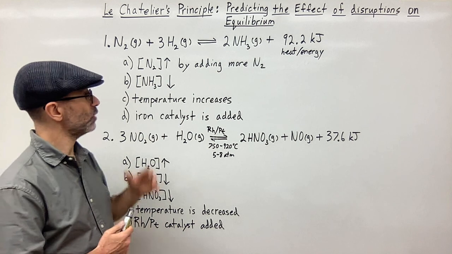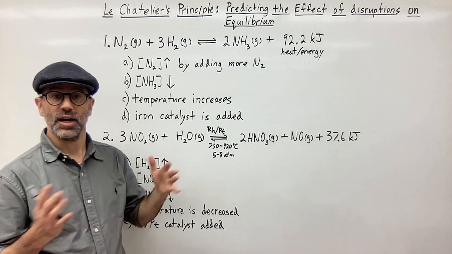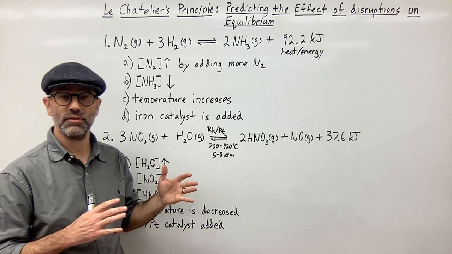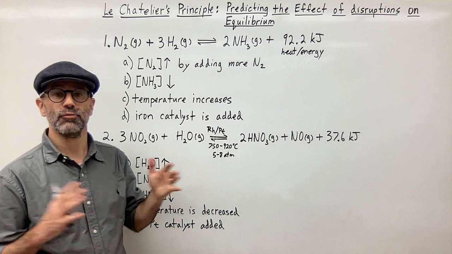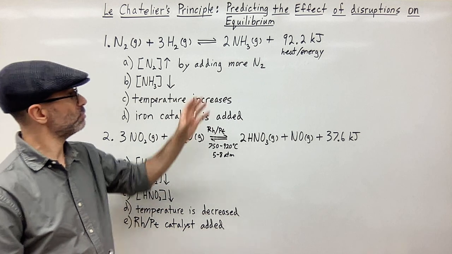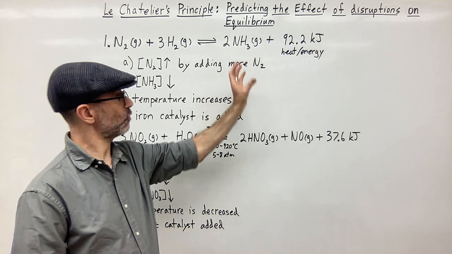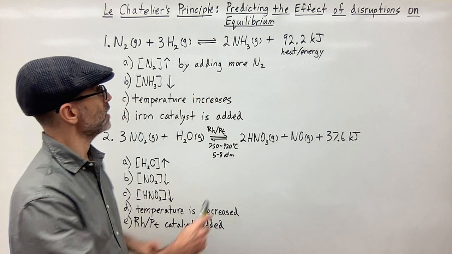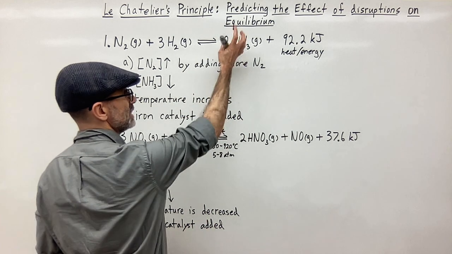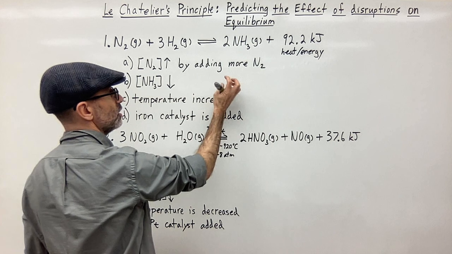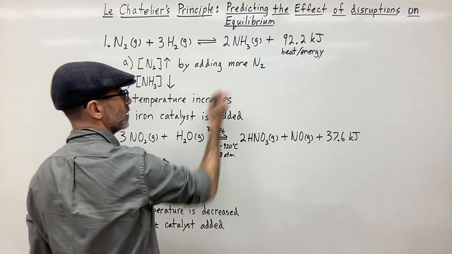Again, we can understand this by comparing the reverse reaction rate and the forward reaction rate. So by removing product, we're decreasing the amount of product here.